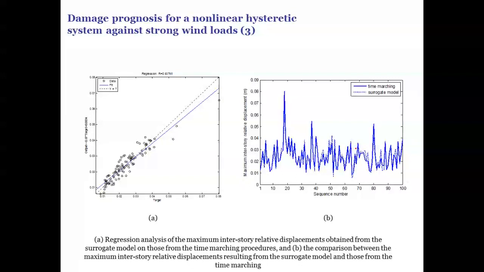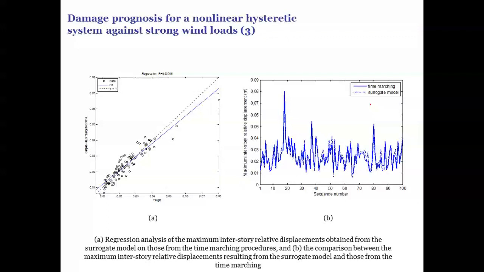From this point on, we're going to use this surrogate model in place of the time marching. The improvement in calculation efficiency is significant. With time marching, from my memory, one run needed half an hour, but with the surrogate model, it took only a fraction of a second. So the improvement is very significant.